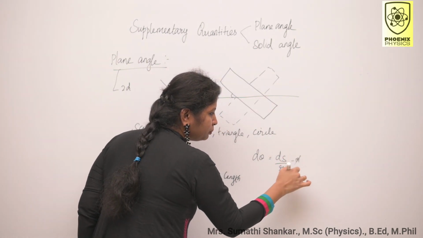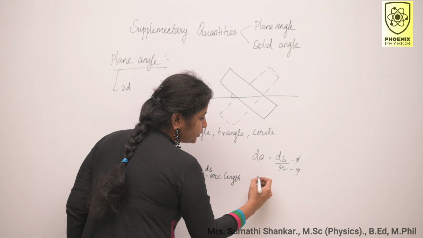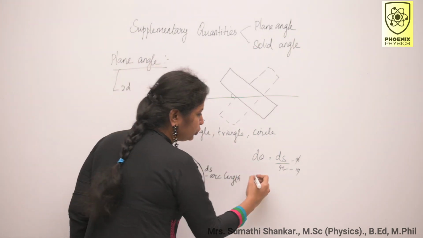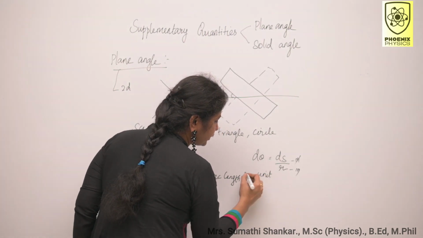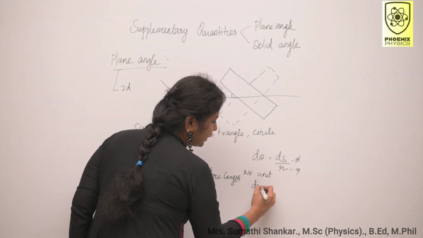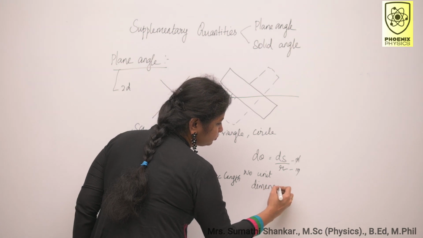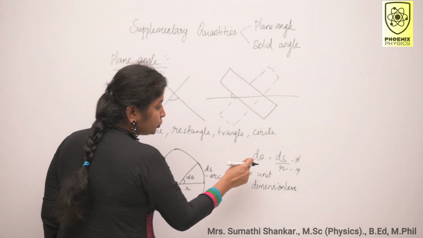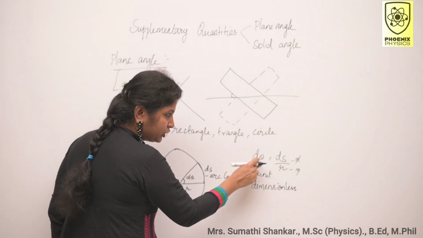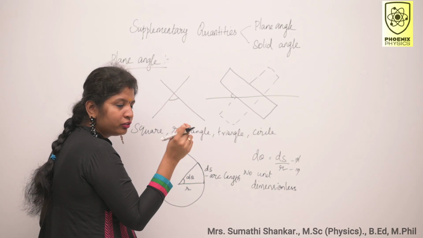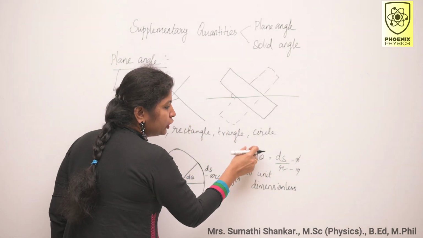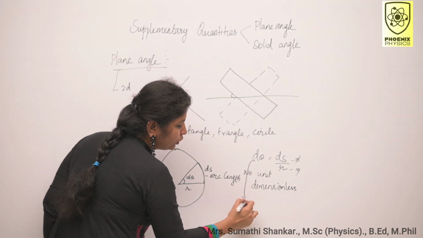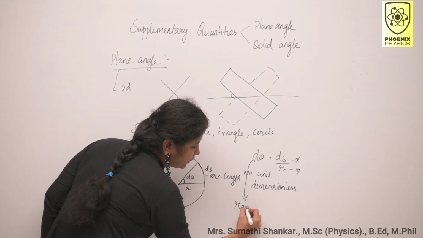So we can cancel the meters. So d theta cannot have a unit, or we can say it is dimensionless. But to specify the measurement, we give a specific unit to this ratio. That unit is our radian.